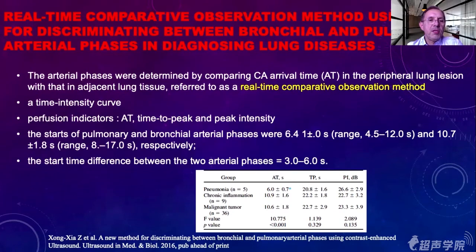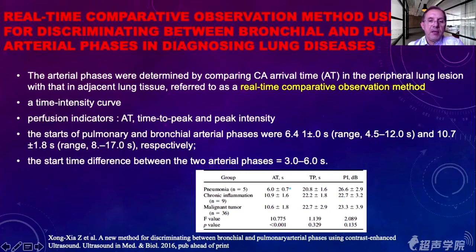In fact, you should compare the arrival time of that lesion in comparison to the arrival time in the pulmonary tissue, and using that, these authors a couple of years ago have demonstrated that by comparing the arrival time, we may differentiate very well between malignant tumor and pneumonia.